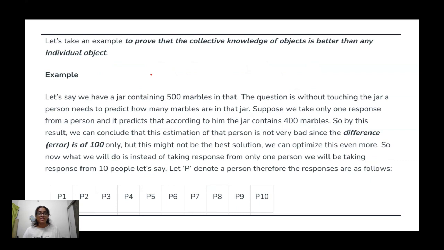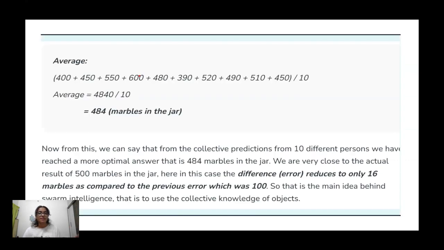So now what we'll do is, instead of taking a response from only one person, we will be taking responses from 10 people, let's say. Let P denote the people, from P1 to P10. We'll calculate the average from all those people and come to the decision saying there are 484 marbles in the jar.